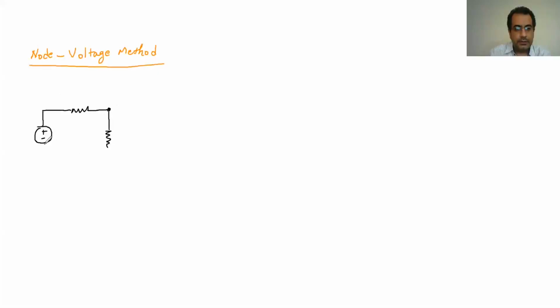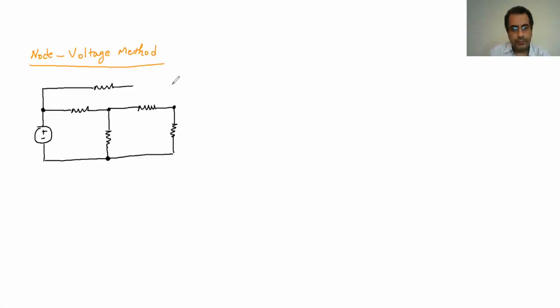Resistance here, then there's a node, and then I have another resistance here, a node here, another resistance here, it comes like that, then there's a node here, and a resistance on top, like this.